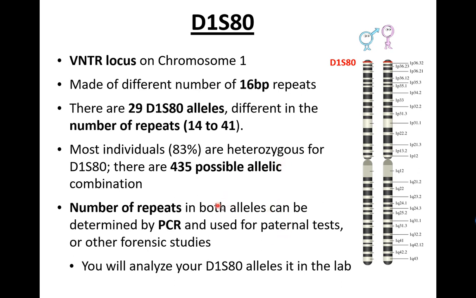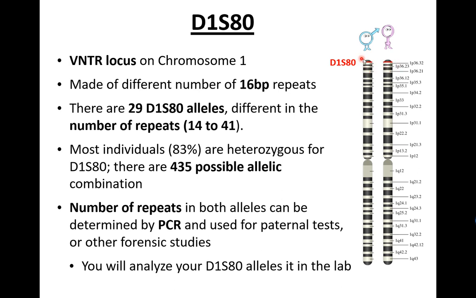Now, why did we get here? It's because you can actually determine the number of these repeats by PCR. If you take your genomic DNA, right, you extract it, for example, from your saliva, the saliva would have cells which have all the chromosomes, including chromosome 1, right? So in that sample, you would also have your own D1S80 alleles.